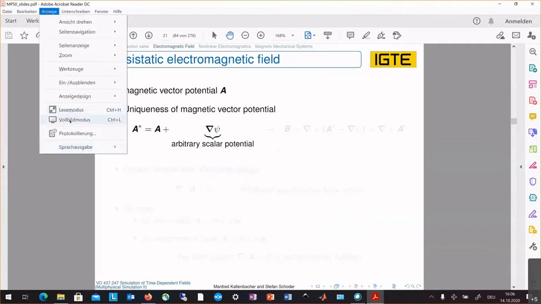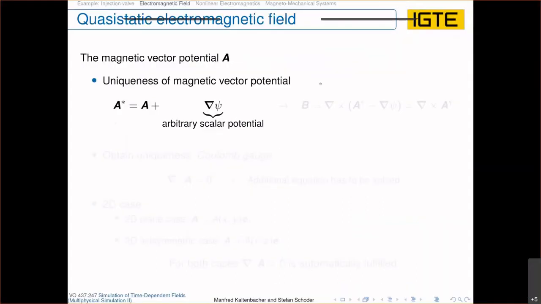In this sense, when we add any scalar potential as shown here, which is the gradient of psi, and then compute the curl of this new vector potential, we know that the curl of the gradient of a scalar potential is equal to 0.